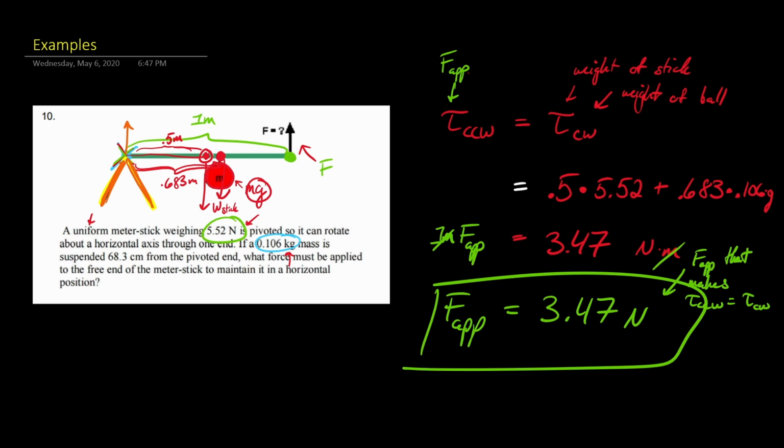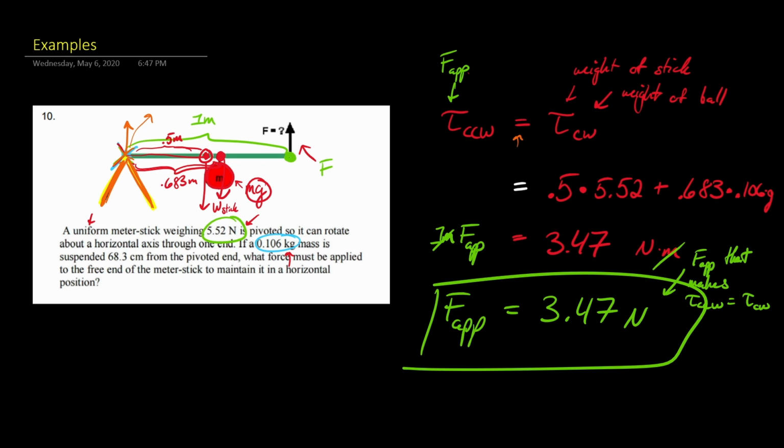Why didn't I put that into either a clockwise or counterclockwise torque? Well, at first you realize it isn't really trying to make it rotate around that point at all. It looks like it's trying to make it rotate this way, but it's not making it rotate about this point. It's trying to make it spin otherwise. So you get confused if you do that.